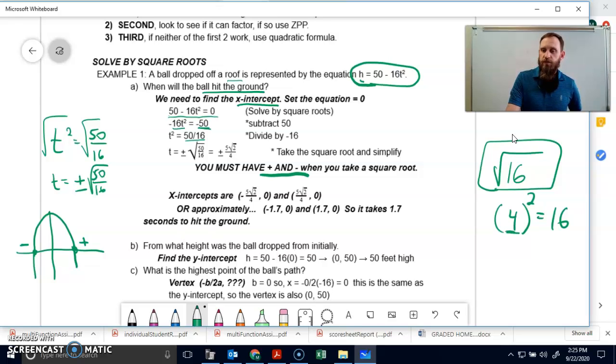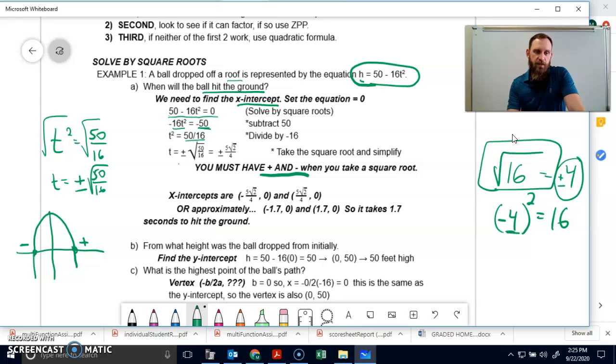Okay, 4 squared is 16. So the answer to the square root of 16 is 4. But wouldn't I also get 16 if I took negative 4 times itself? Negative 4 times negative 4, negative 4 squared would also give me 16. So it could be positive or negative 4. So when you're solving for an unknown value, you have to have both plus and minus.